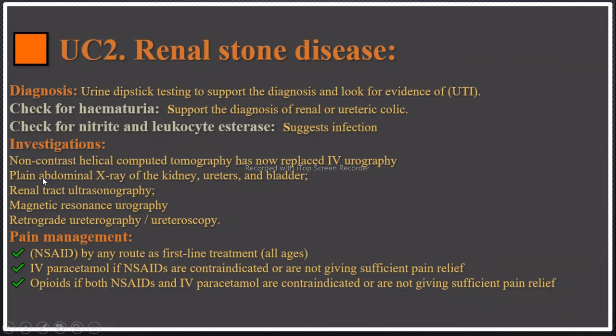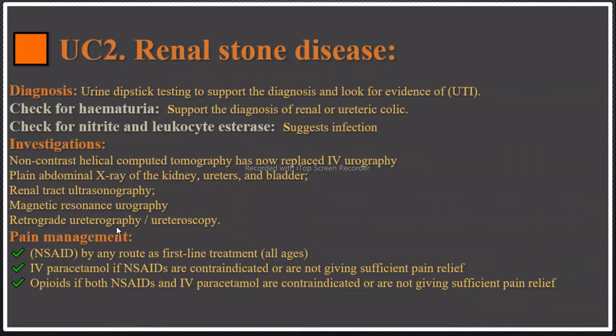Then plain abdominal X-ray of the kidney, ureter, bladder, so X-ray KUB. Renal tract ultrasonography, MRI, magnetic resonance urography, retrograde ureterography, ureteroscopy.